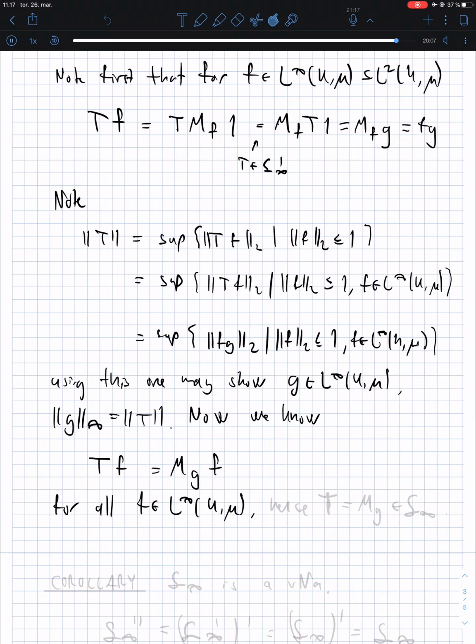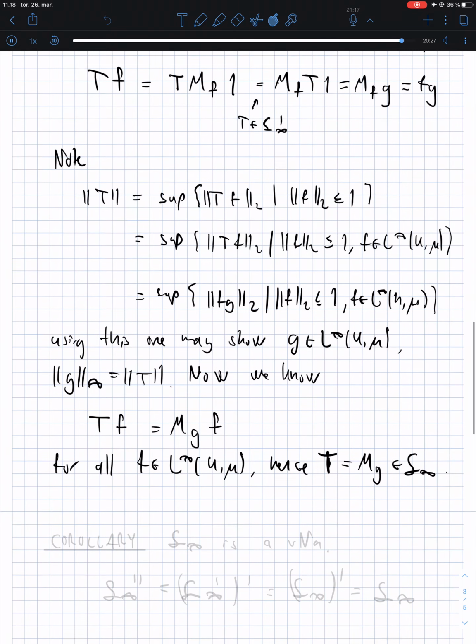And now, since of course T by definition is bounded and Mg we've checked is bounded, then by continuity this is for all f, right? So T is going to be Mg, and hence it lies in L infinity, which was our goal.